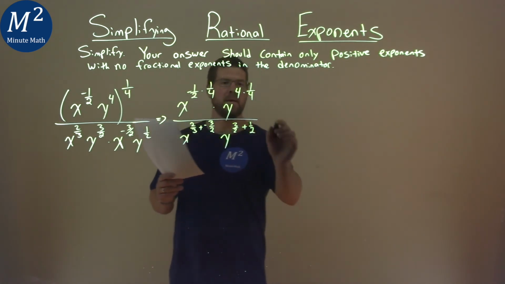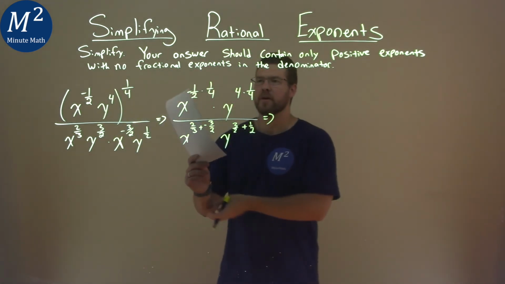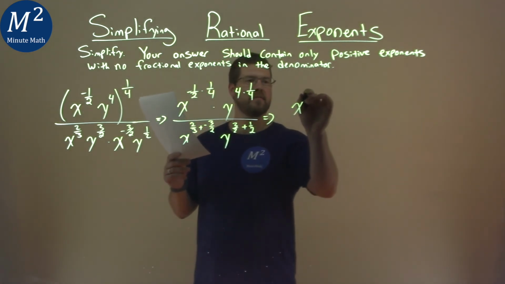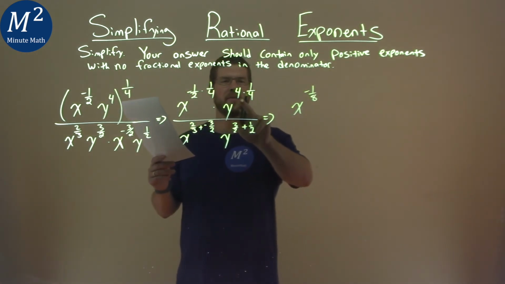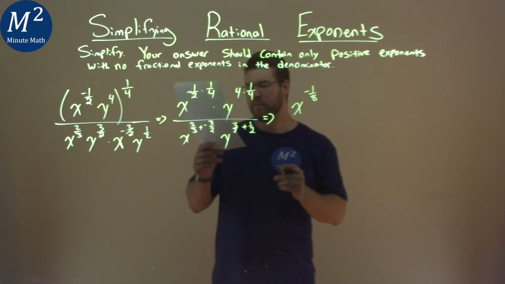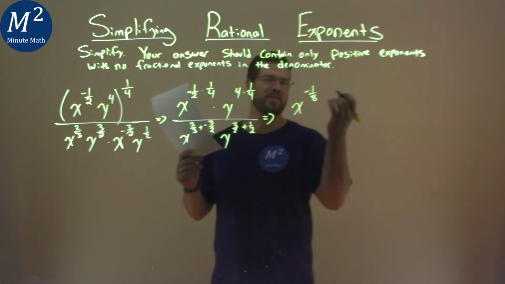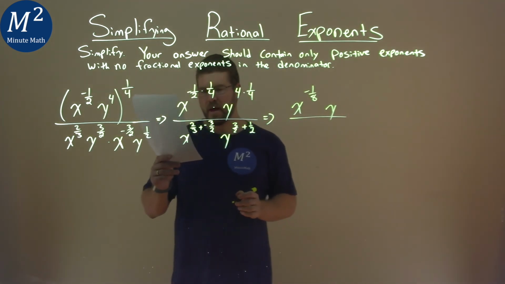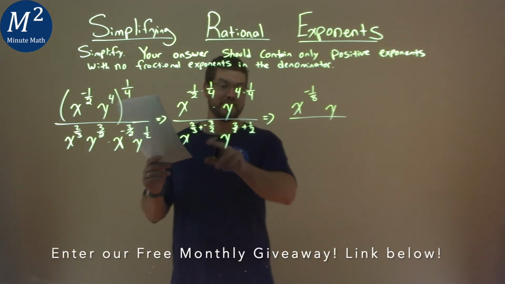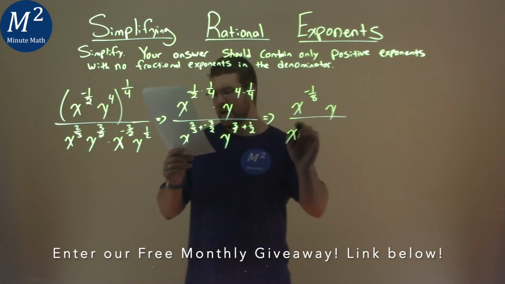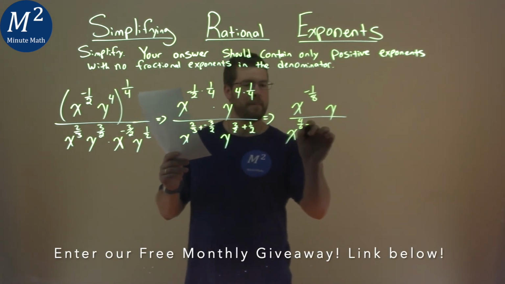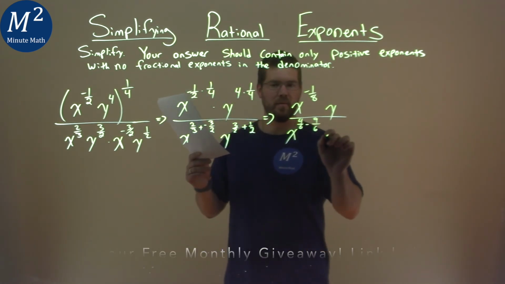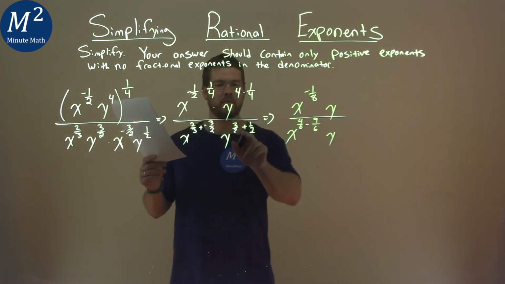Okay? So now let's simplify this numerator. -1/2 times 1/4, we have x to the -1/8, and 4 times 1/4 is just 4/4, which is y to the 1st power. Denominator, we need to find a common denominator with our fractions. So we have x now to the 4/6 minus, same as plus a negative, 9/6, and then y, 3/2 plus 1/2 is already there.